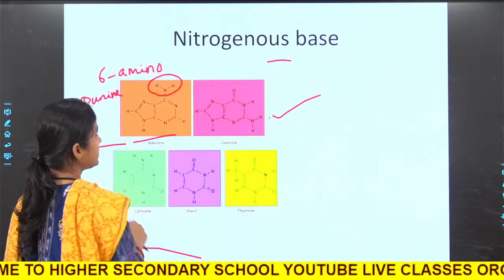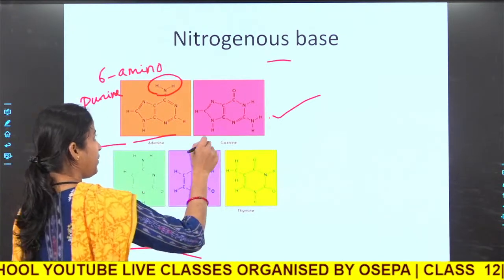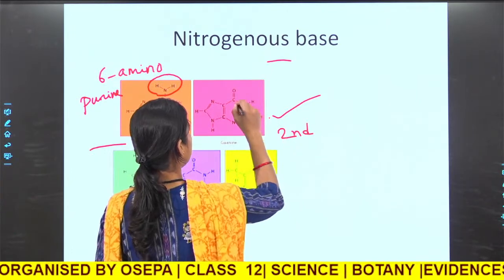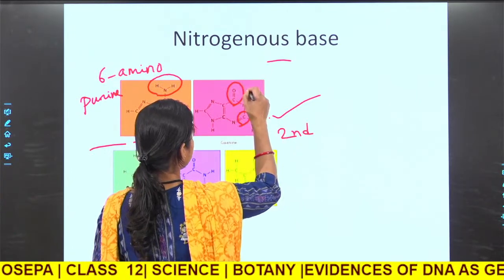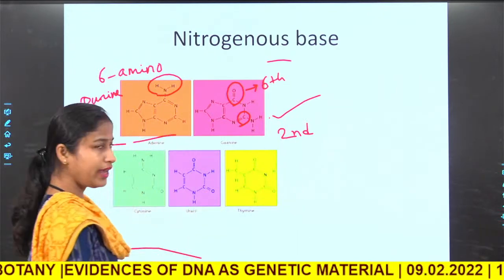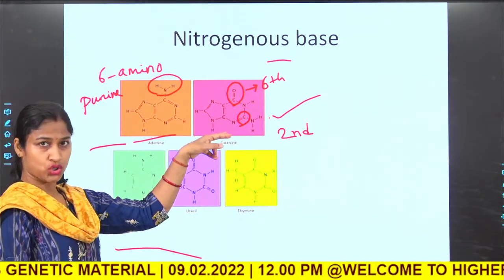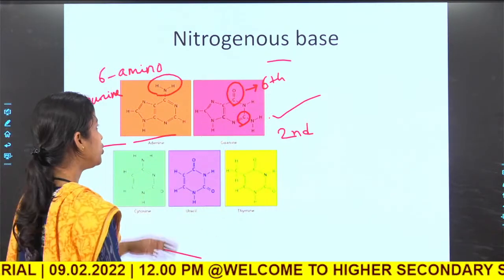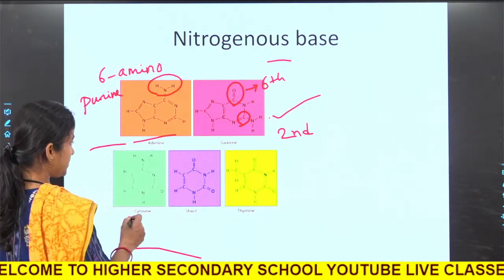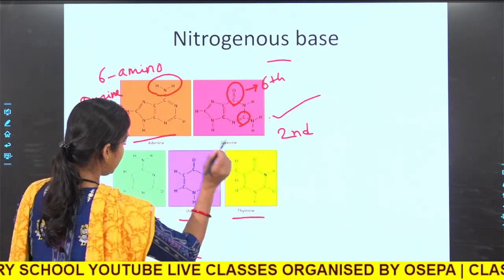Okay, so you can see it here, and in guanine the amino group is at the second position and the carbonyl group is present at the 6th carbon. That is why it is called 2-amino 6-oxopurine. Now, this is the structure of cytosine, this is the structure of uracil and thymine.